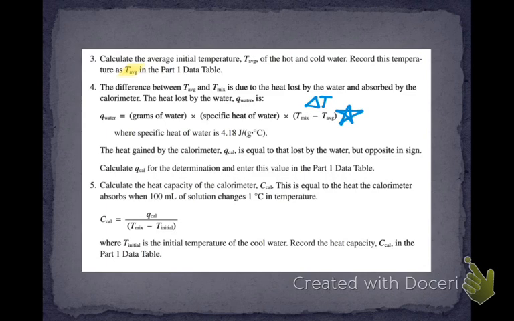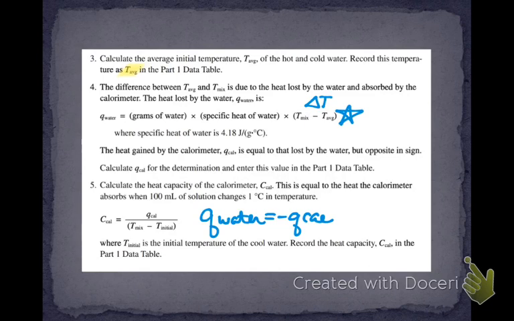Now, one thing that you need to be mindful of is that the Q of the water is equal to the negative Q of the calorimeter, because if I'm looking at the water releasing heat and the calorimeter absorbing the heat, then they're going to be opposite in sign but same magnitude.